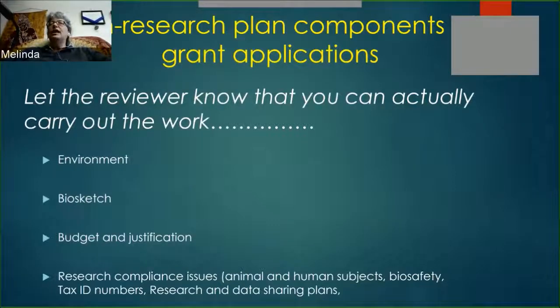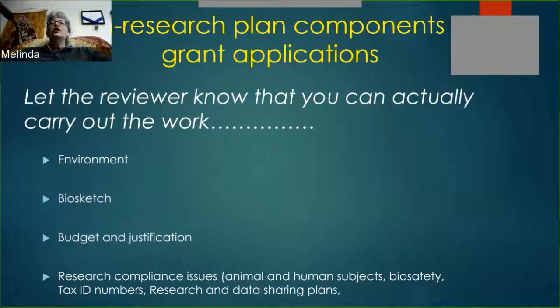Nobody will say, oh, of course Nemours, or of course ChristianaCare, or of course MUSC or University of Delaware has what is needed to do a certain piece of work, just because we have a lower research output than, let's say, a university in the Boston area or NYU or Johns Hopkins, or you can name better known research institutions. So the reviewers aren't going to give us the benefit of the doubt that we have everything we need to do our research. Again, that means we have to tell them.